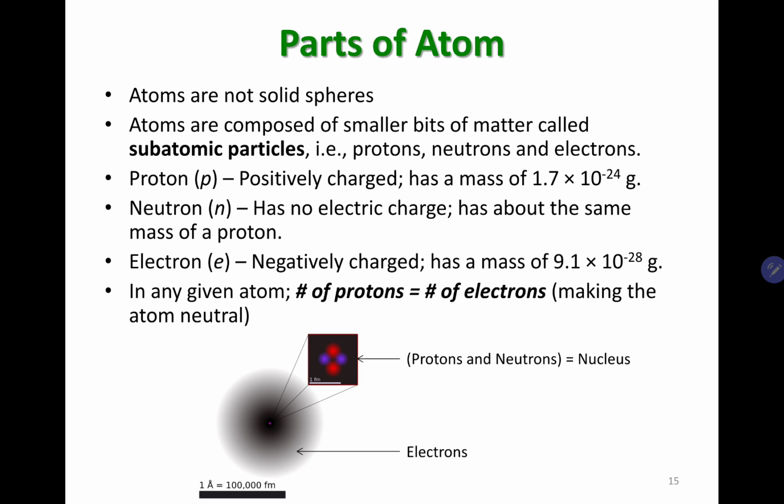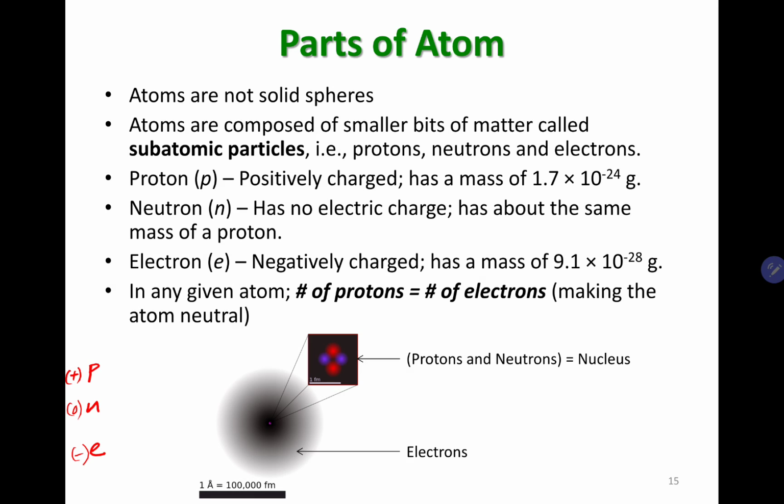We have three different subatomic particles: protons, neutrons, and electrons. When it comes to charge, protons are positively charged, neutrons are neutral, let's call it 0, no charge, and electrons are negatively charged.